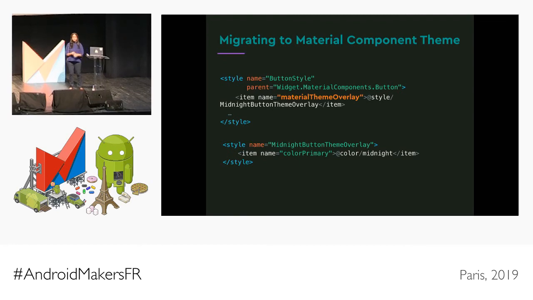And in order to affect all of the buttons with this, you want to use the default style attribute in your theme, and you can set it to this button style that contains this materialThemeOverlay defined. And so this way, now all of the buttons in your app will have this midnight color, and will have this colorPrimary of midnight, but the rest of your app will remain untouched. So this is a really convenient addition to the Android styling system. We can do more now.